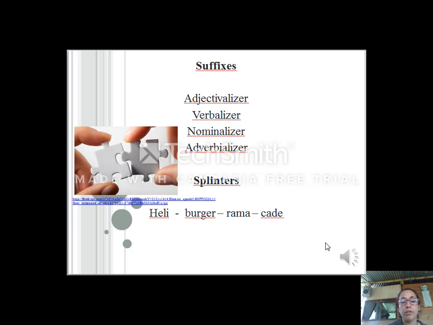Nominalizer, we found words with the following endings: identification, speaker, movement, freedom, and proposal.